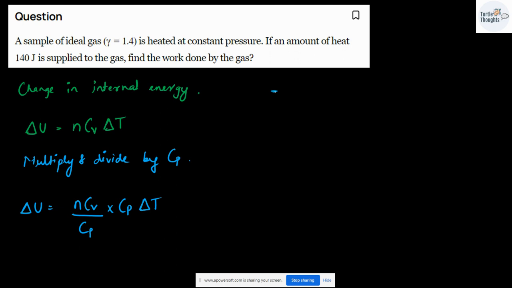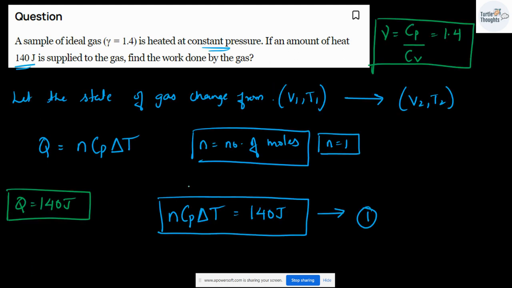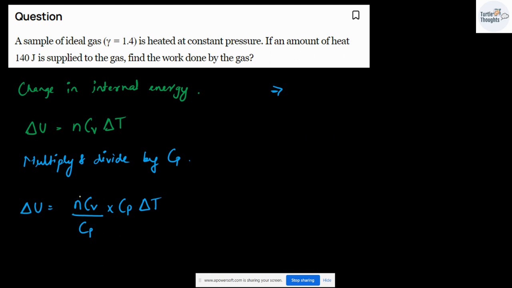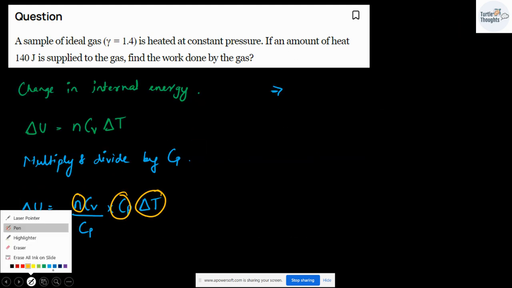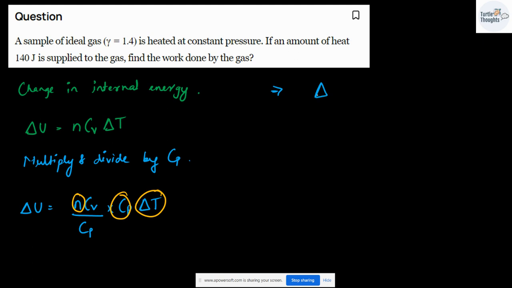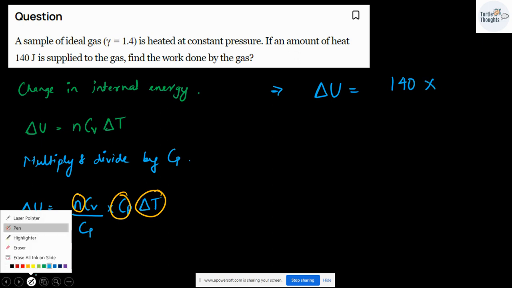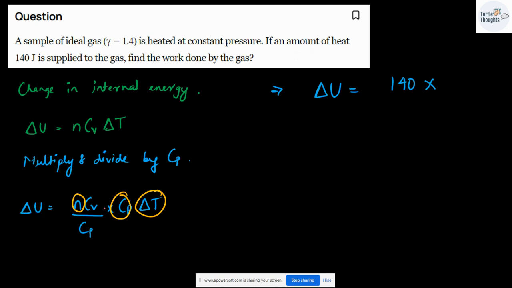All right. Now, I already know the value of nCp delta T. The value of nCp delta T is 140. So I can write delta U, the change in internal energy, is going to be 140 multiplied by Cv and Cp. So what is Cv divided by Cp?